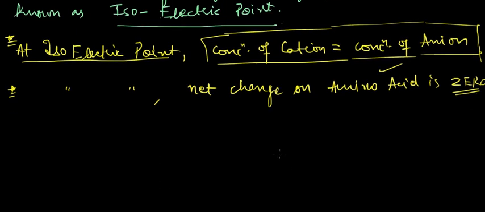So let's go into the derivation of the pH at which it will reach the isoelectric point.